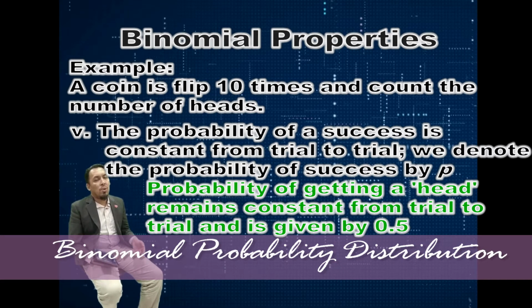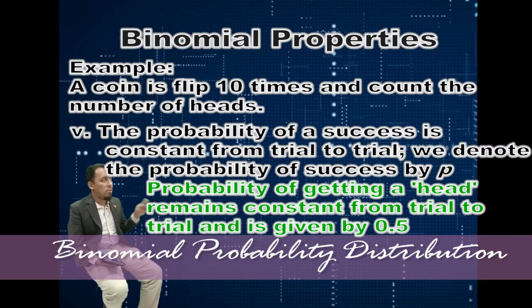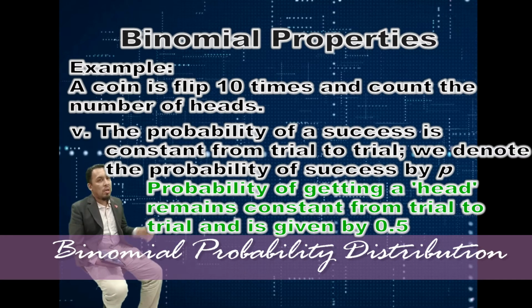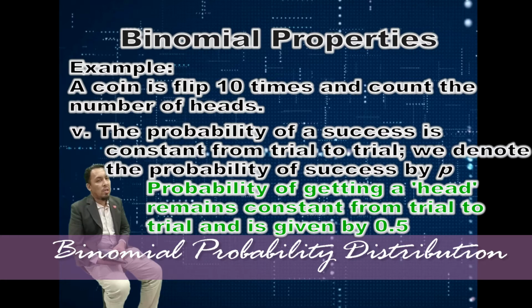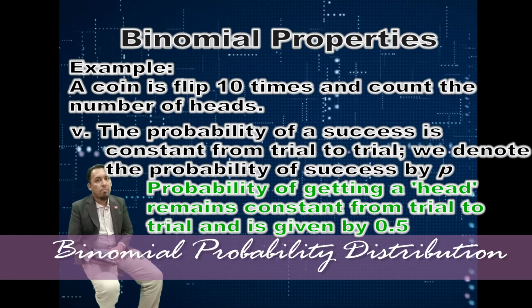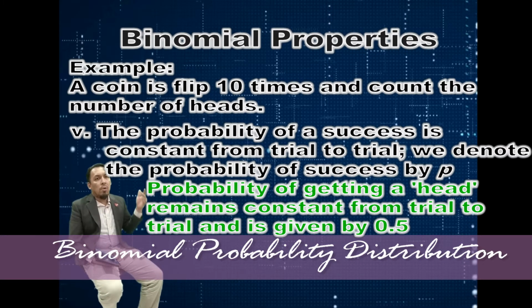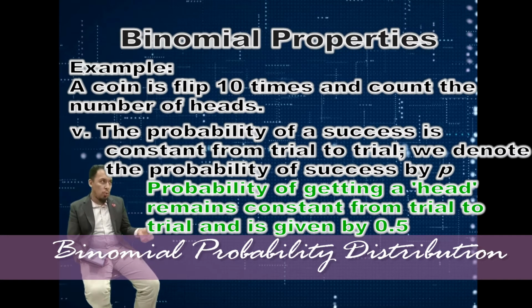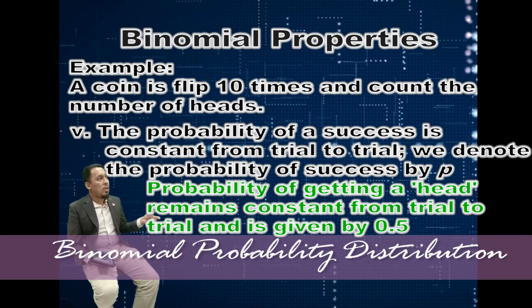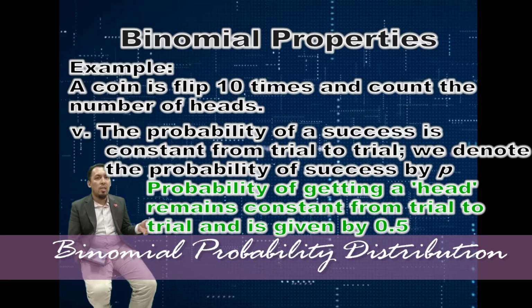Okay, so with that, we know that this experiment can actually use the binomial distribution to solve for its probability. Now let's talk about how to write down the binomial distribution.